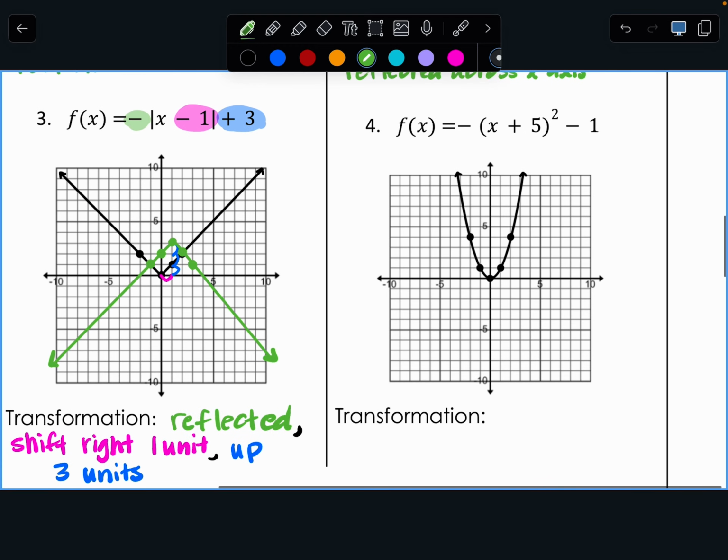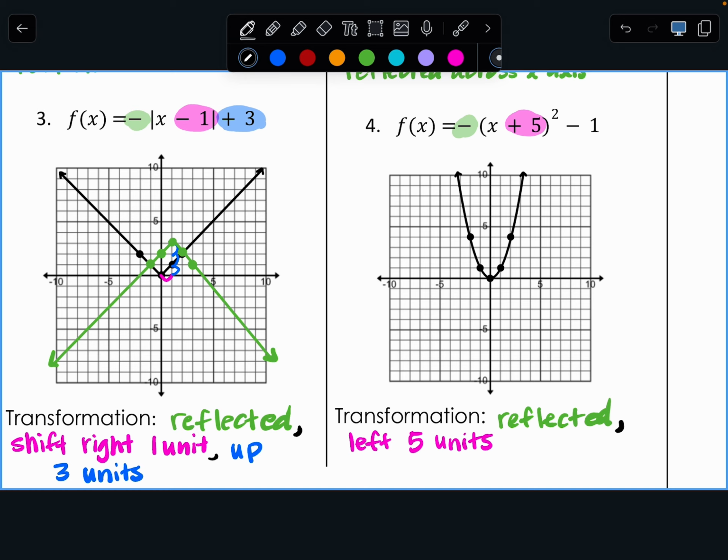For number 4, this is a quadratic. It is reflected. It's shifted left 5 units. And down 1 unit.